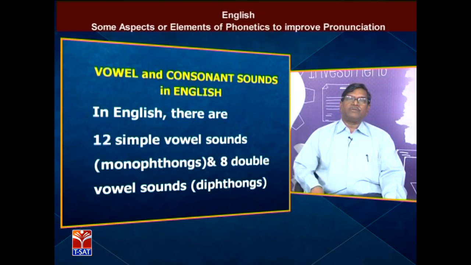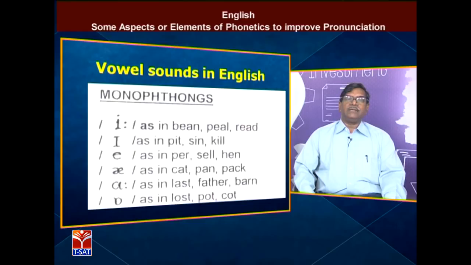Coming to the vowel sounds in English, here we can see the different symbols of the sounds. The sound E as in bean, peel, reed.